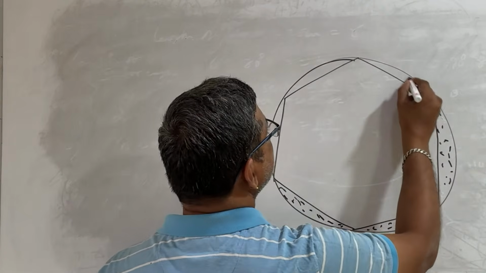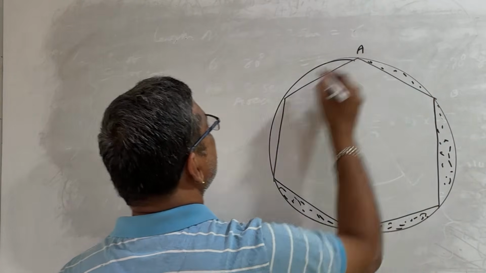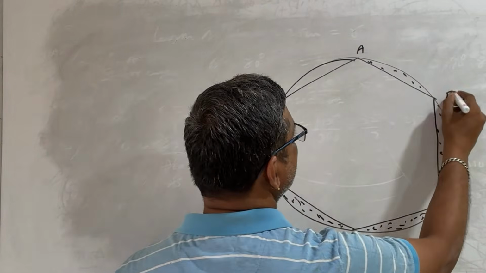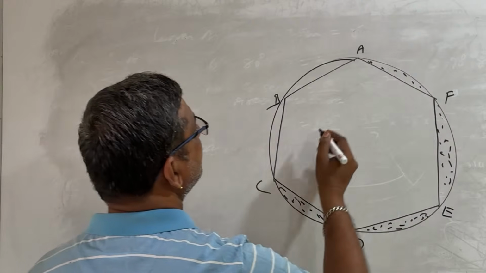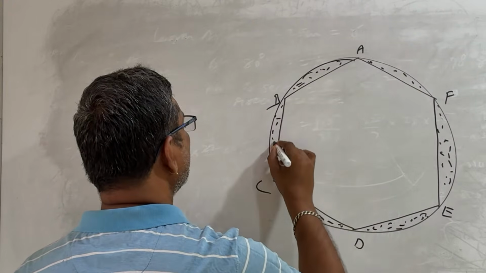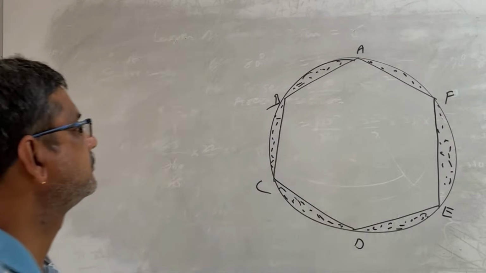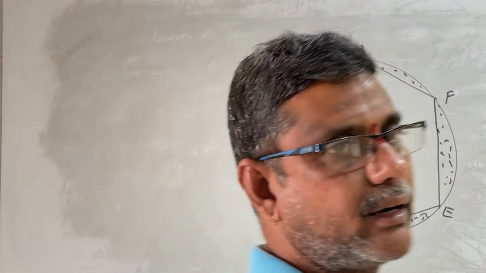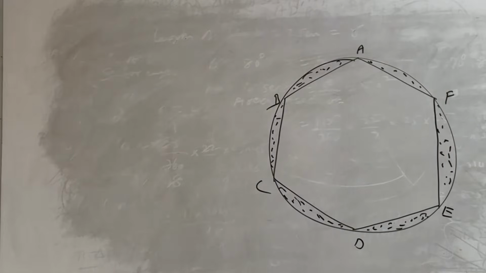A regular hexagon, this one is A, B, C, D, E, F. It is a regular hexagon. I think everyone knows what a regular hexagon is. All sides and all angles are equal. Okay?